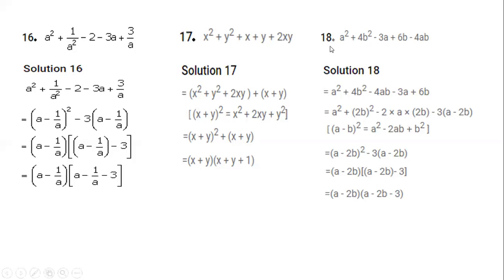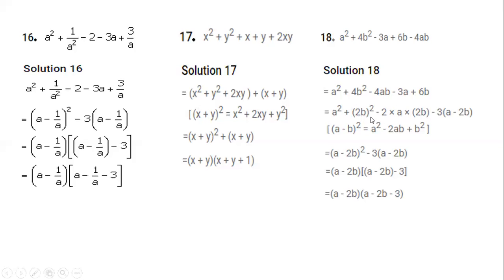In the 18th, again, a square plus 4b square minus 3a plus 6b minus 4ab. These are the terms. Can I write this 4b square as 2b whole square and this minus 4ab as 2 into a into 2b? So a square plus 2b whole square minus 2 into a into 2b.